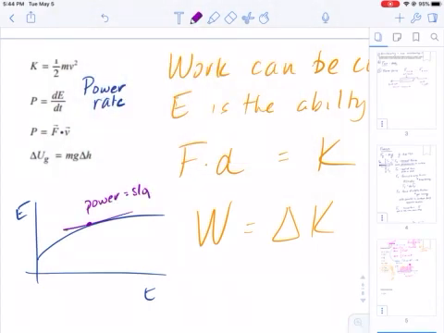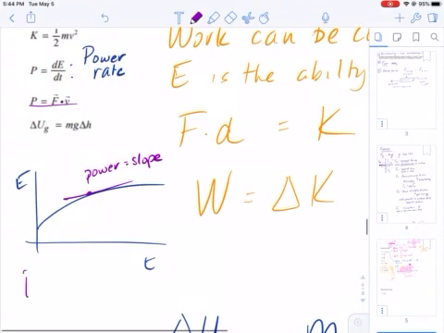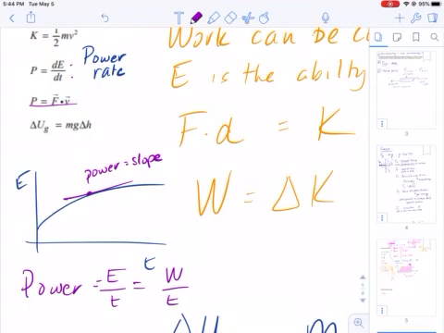Okay, and then, back to power, and I'm running out of room for myself here. Sorry, folks. Power is energy over time, or work over time. Work is force times distance. Distance over time is velocity. So it turns out that power equals force times velocity. That's what this is saying.